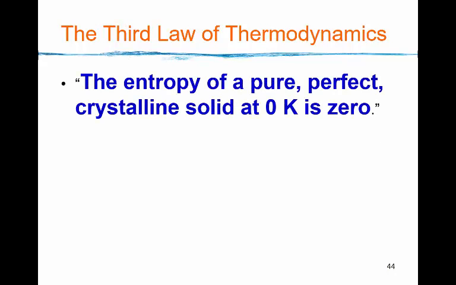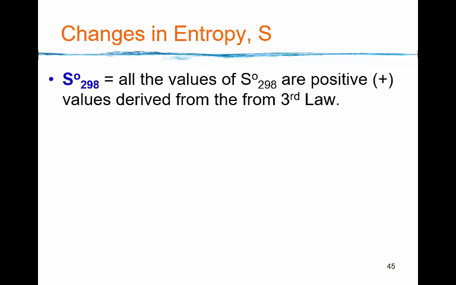The third law of thermodynamics says the entropy of a pure perfect crystalline solid at 0 K is 0. So there is no randomness or movement, really, of a solid at absolute 0, 0 K. Now, of course, we don't run reactions at 0 K, do we?